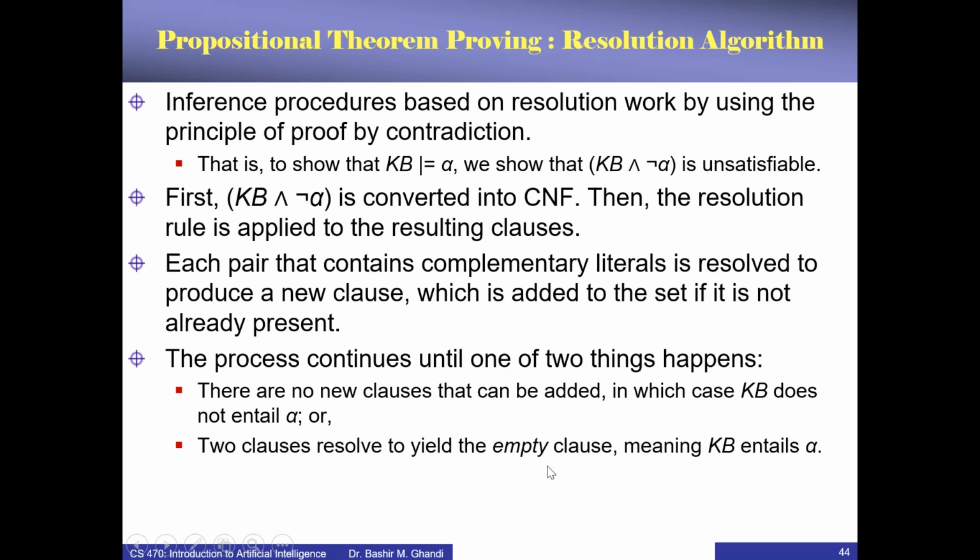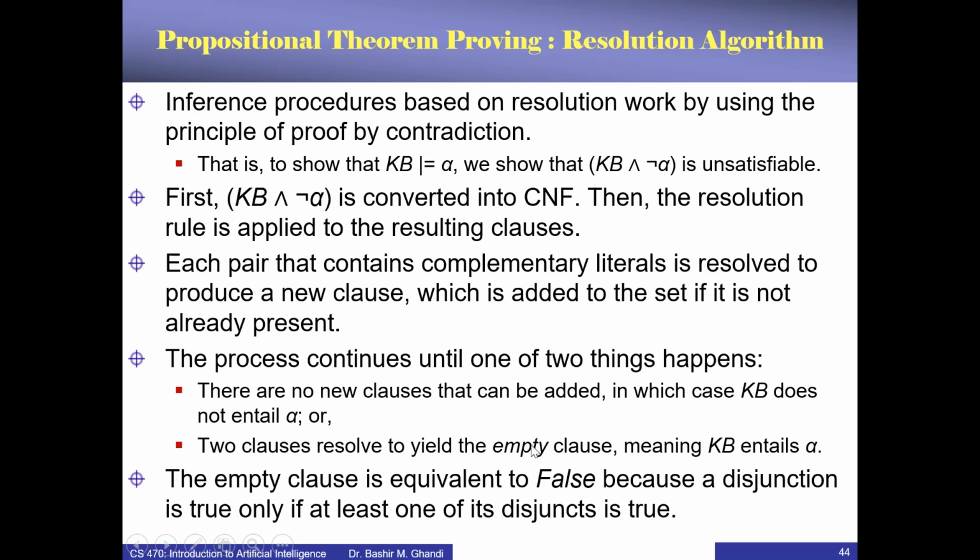Anytime you're able to obtain an empty clause, then you have reached the contradiction, and therefore you can conclude at that point that KB entails alpha. So that's what we are saying here, that empty clause is equivalent to false, because a disjunction is true only if at least one of its disjuncts is true.